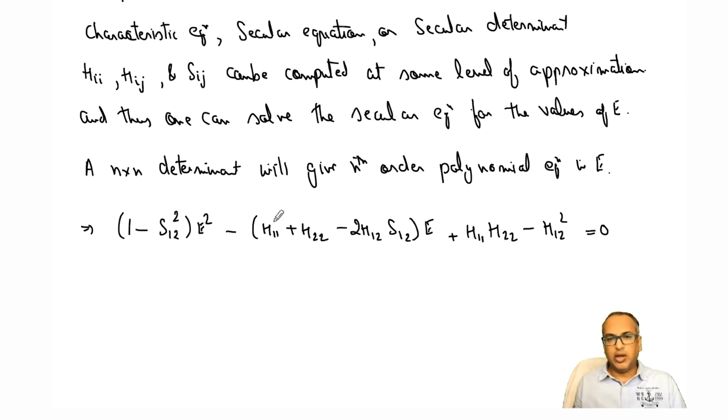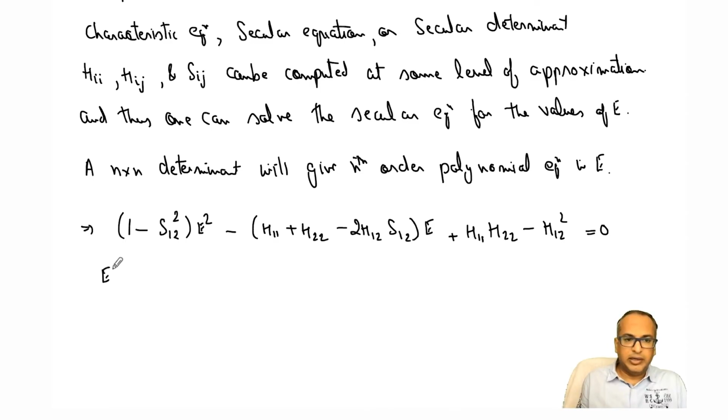Now in this equation, all these integrals can be calculated because you know the atomic orbital wave functions. You can set up the integrations, simplify some of them by direct product, some of them will go to 0. Those which will not go to 0, put them here, solve them, and you will get the values of energy. So you will get two values of energy, right?